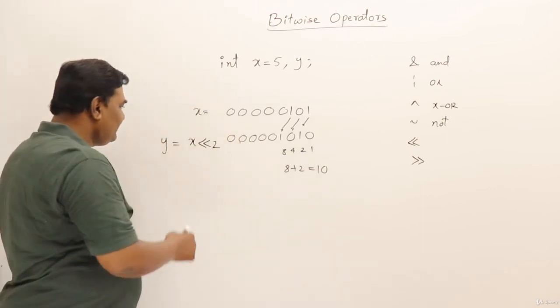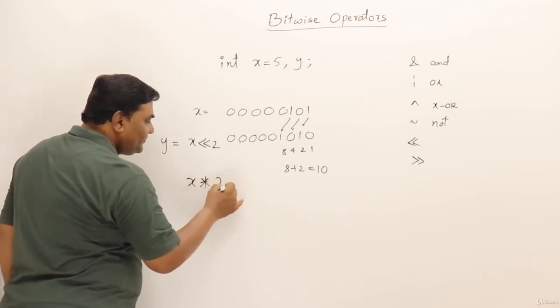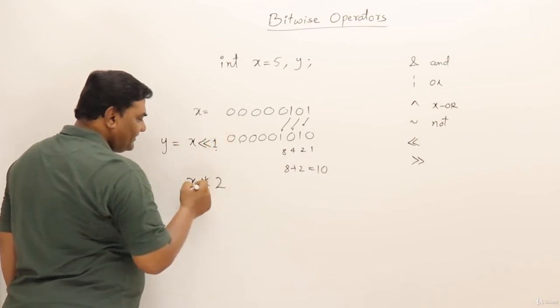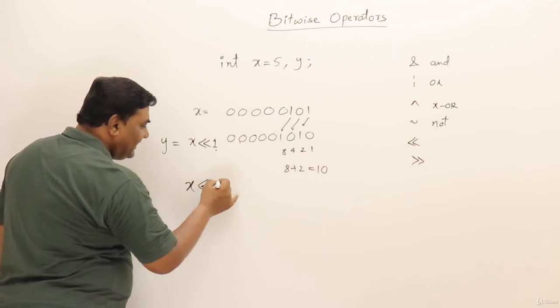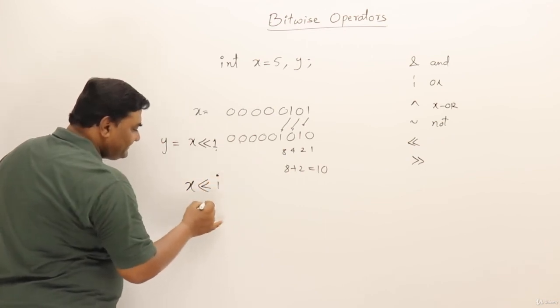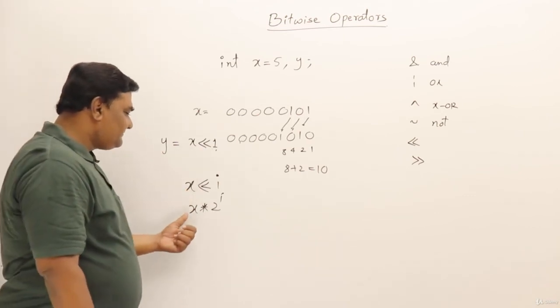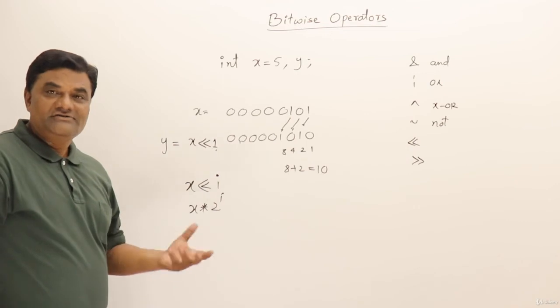So whatever the value of x is, it gets multiplied by 2 power whatever number you write here. If I say x left shift I, then this will be x into 2 power I. If I is 1, it is multiplied by 2. If I is 2, x will be multiplied by 4, and so on.